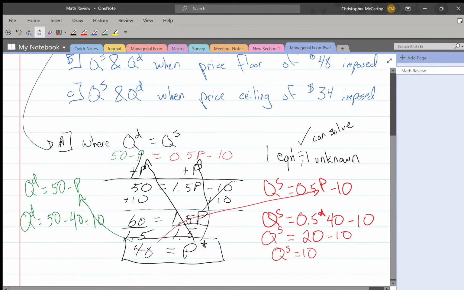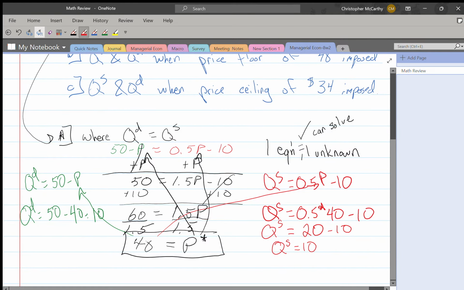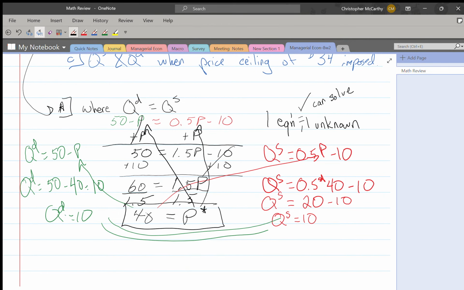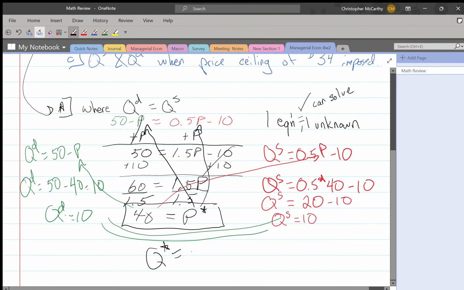And so these things should be the same, which they are. Our quantity demanded is equal to 10, and quantity supplied is equal to 10, which means that our quantity star is equal to 10 units when we're at $40. So that's that first part.